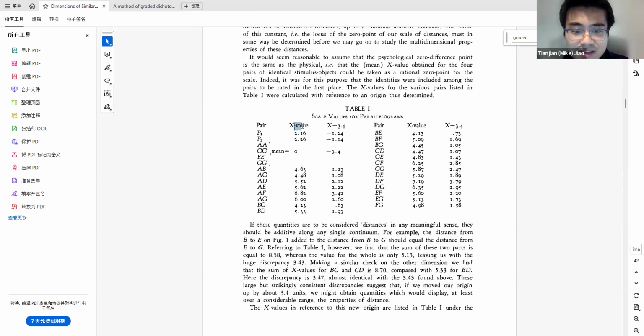The x value is, after the graded dichotomies, the psychological distance between each pair. Now we can see that in here, the author also has added these identical pairs in the hope of setting up a 0 point.